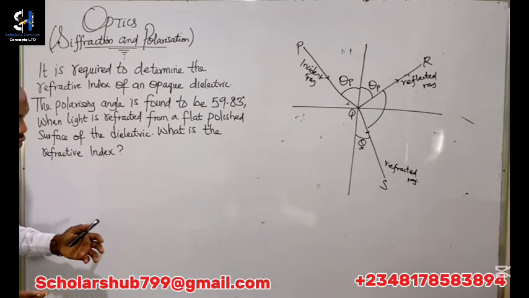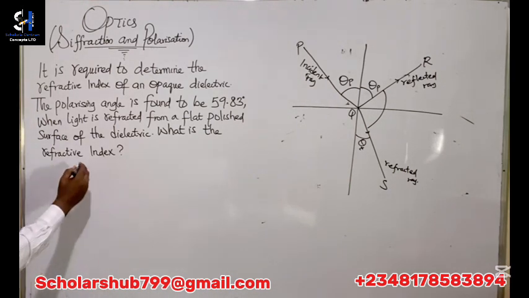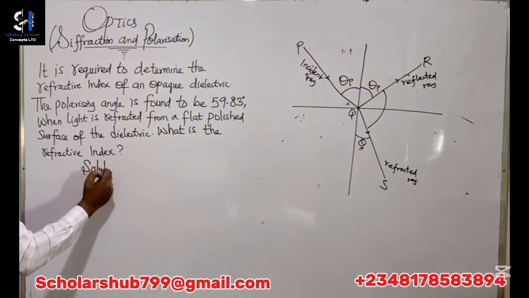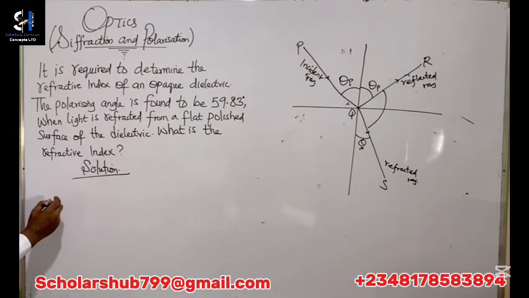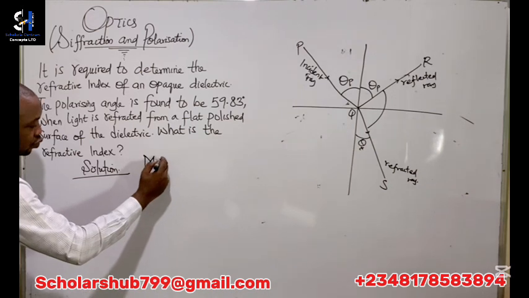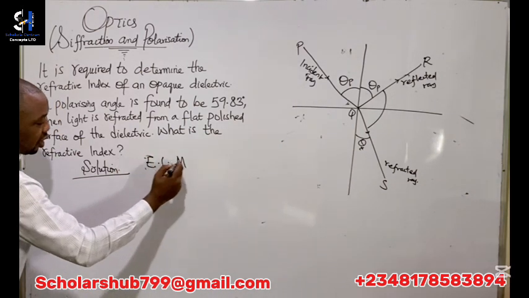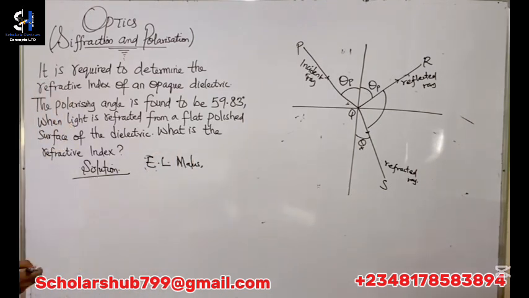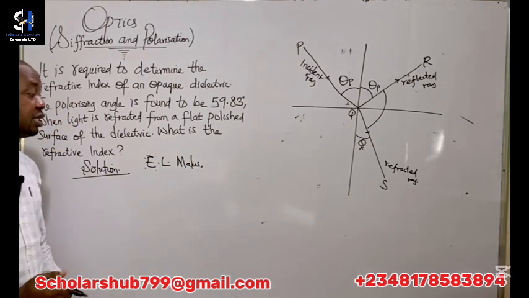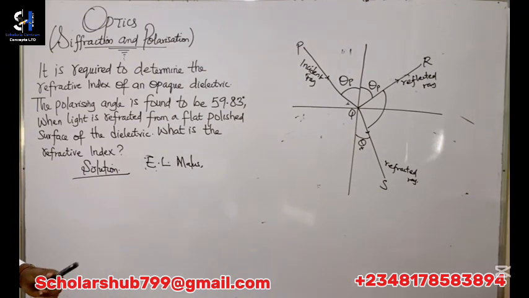So Brewster's law, I made mention of E.L. Malus, a French engineer who discovered in the year 1808 the phenomenon of polarization of light by reflection.